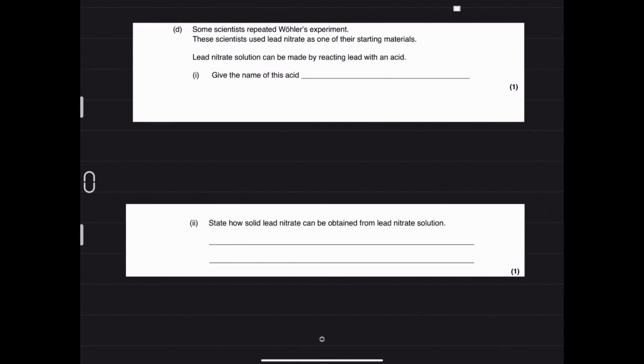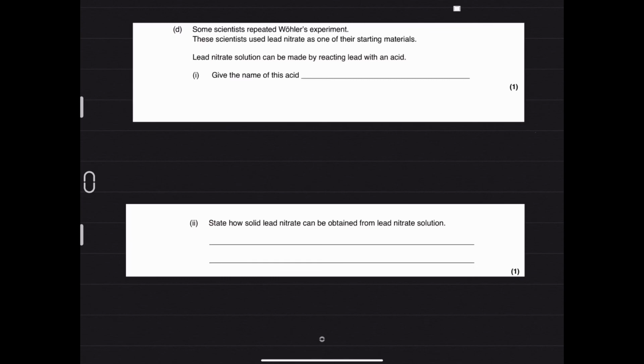Okay, I want you to look at these two exam questions. I want you to pause the video and answer these exam questions on a piece of paper. Alright, so for the first one, we've got lead nitrate solution, and it's made by reacting lead with an acid.